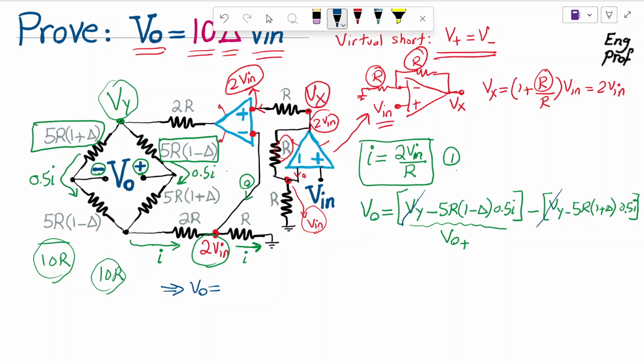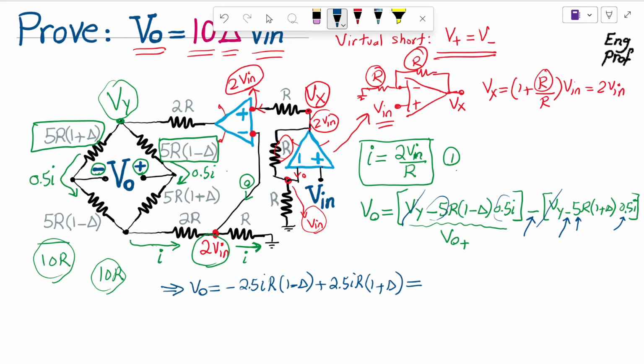What remains is negative 5 times 0.5, so negative 2.5 IR times 1 minus delta, and then, be careful of this negative and another negative, so plus 5 times 0.5, so 2.5 IR times 1 plus delta. Great.